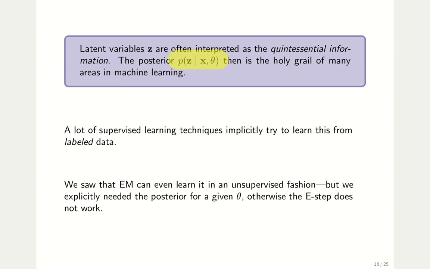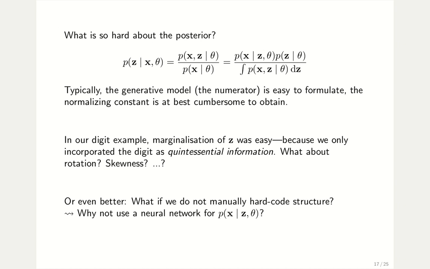Okay, but why is this problem so hard? That boils down to the question, what is so hard about this posterior distribution? And to see that, we are going to have a look at it again. So here's the posterior distribution, and we decompose it into this generative model and the data log likelihood. The generative model is typically at least easy to formulate.